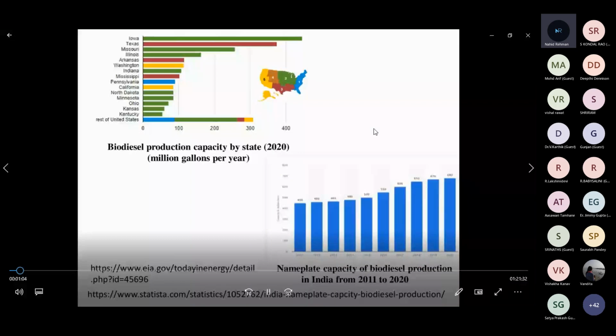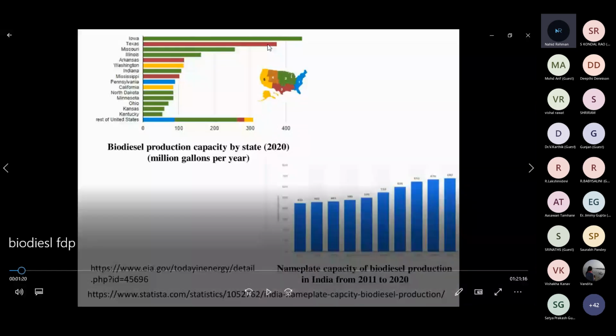If you see the overall status of the biodiesel production by state, in million gallons per year, you can see that across the different states, Iowa and Texas, all in USA, Iowa is leading in comparison to the other states.